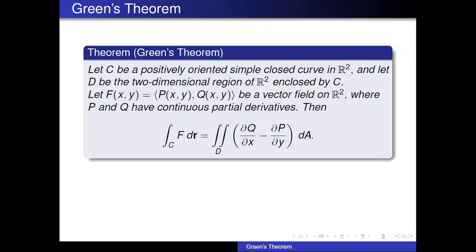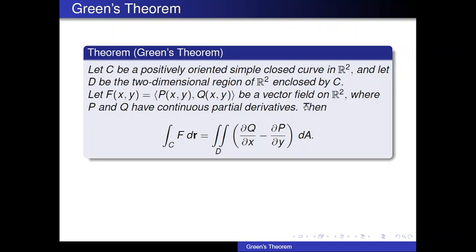Then the line integral of F over C is equal to the standard double integral over this two-dimensional region D of the function given by the difference of the partial derivative of Q with respect to x minus the partial derivative of P with respect to y.